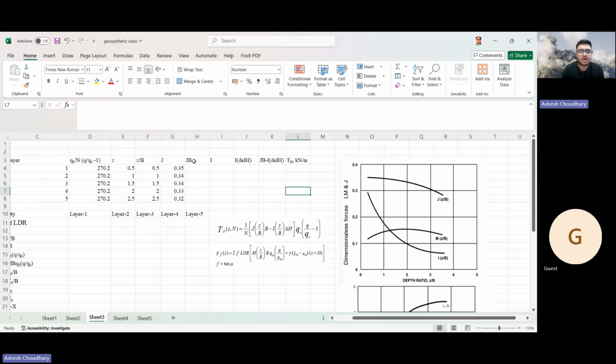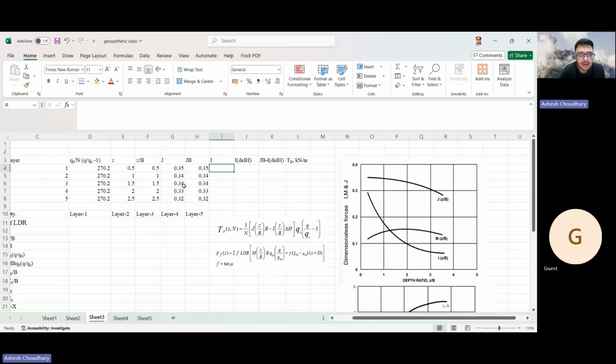Now what we have to do is J times B. B is 1 meter, so it is the same. Next is to find I. I again we have to find from this plot.